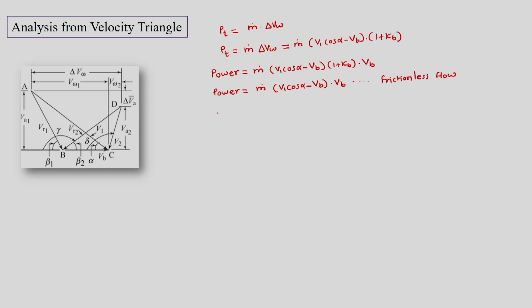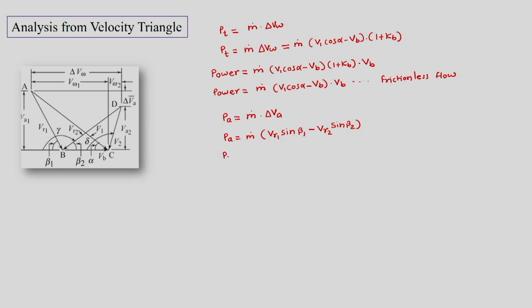Similarly, we will have PA, which is m dot into delta VA, and delta VA is equal to VR1 sin beta 1, which is VA1, minus VR2 sin of beta 2, which is VA2.